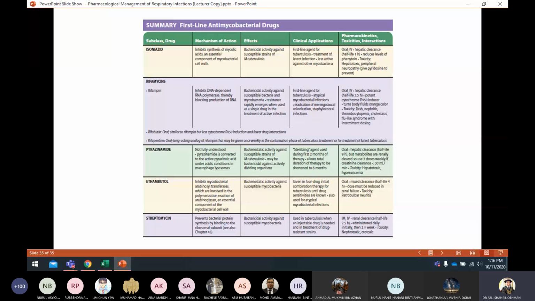So how are you going to monitor the patient who is being treated with anti-tuberculosis drugs? What blood investigations are you going to do to gauge their risk of hepatotoxicity? The liver function test.